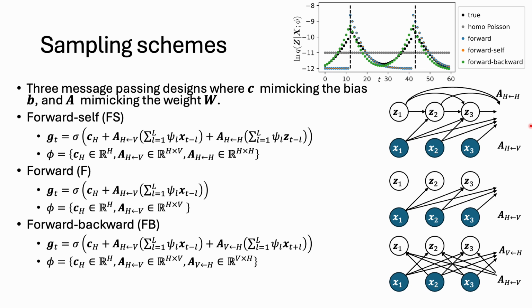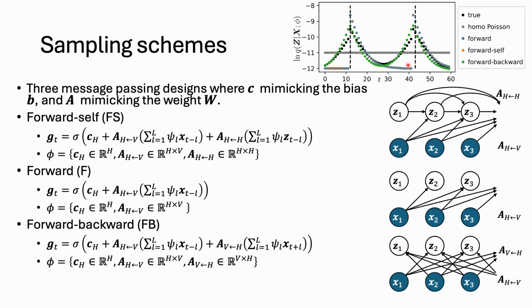However, both the forward self and the forward schemes omit to mimic an important relationship, the hidden to visible influences. For example, if we observe a visible spike like this, it might trigger a future hidden spike, which is the decreasing probability after an observed spike event.